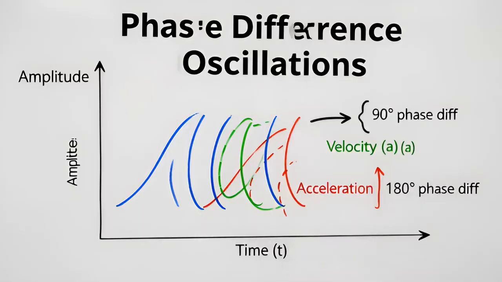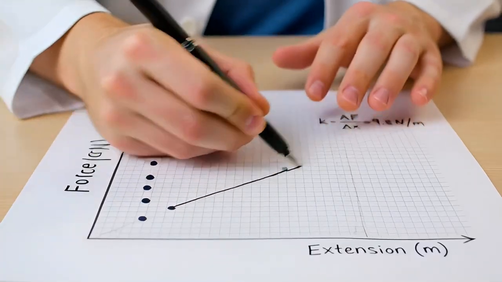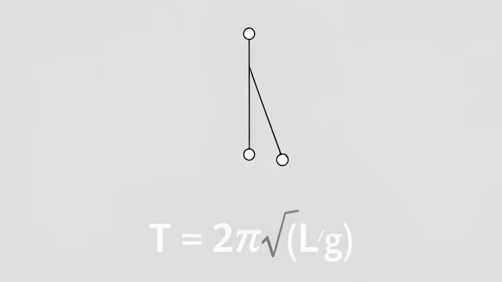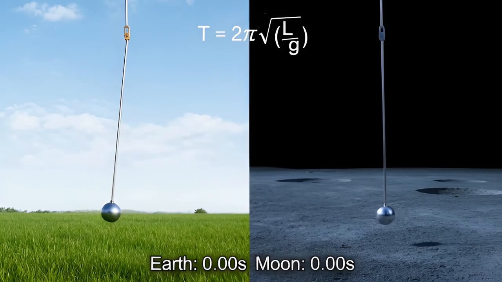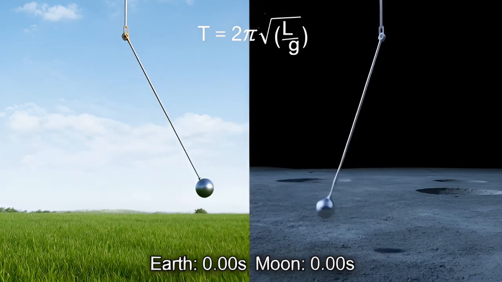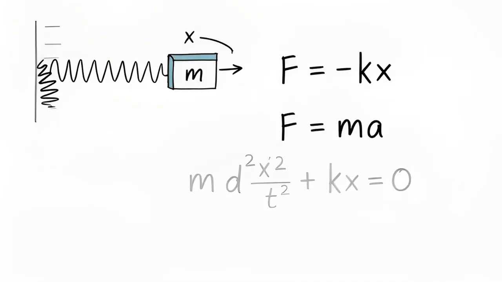Frequency, denoted by f, is the number of complete oscillations the body makes in 1 second, and it is measured in hertz. Time period and frequency are reciprocals of each other, so T equals 1 over f, and f equals 1 over T. If a pendulum completes 5 oscillations in 10 seconds, its frequency is 0.5 hertz, and its time period is 2 seconds.